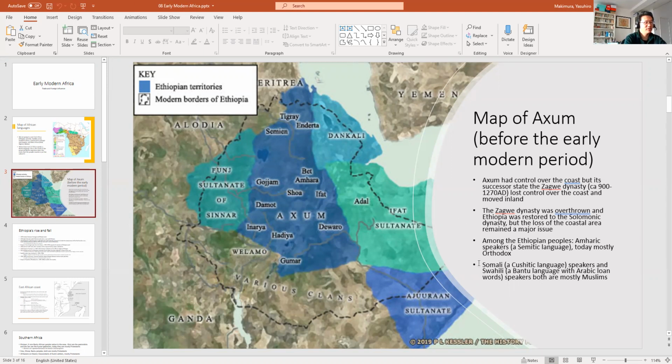But the Somalis are over here. They speak a Cushitic language. And to the south on the coast are the Swahili speakers who speak a Bantu language with lots of Arabic loanwords. All right. Both the Somalis and the Swahili speakers tend to be Muslims. All right.